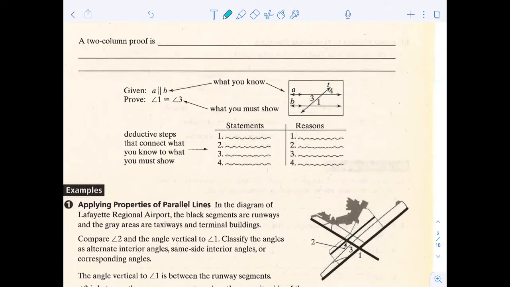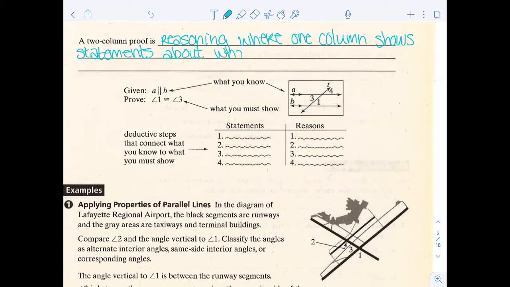Okay, a two-column proof is reasoning. Just like any proof, it uses reasoning where one column shows statements about what you know, and the other column explains why.